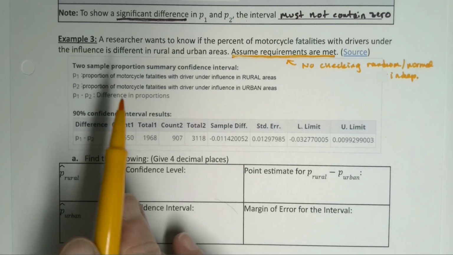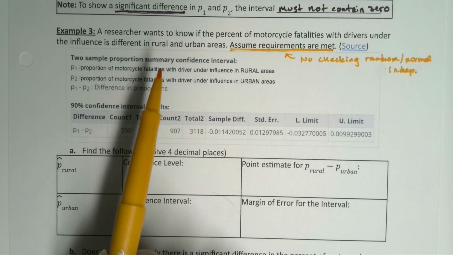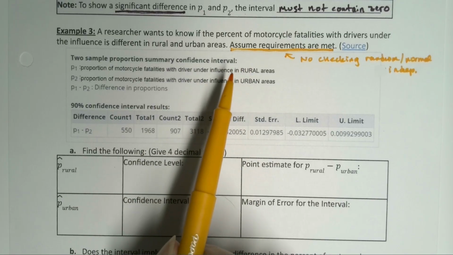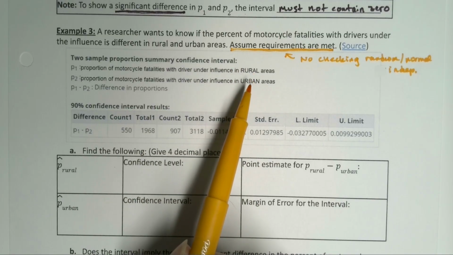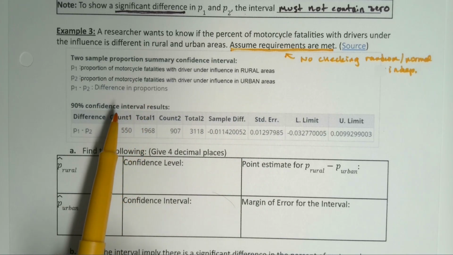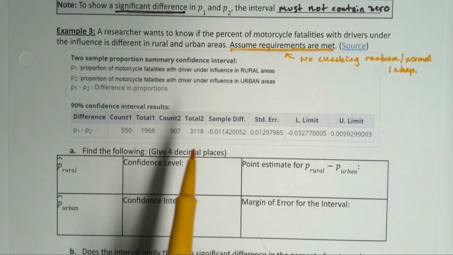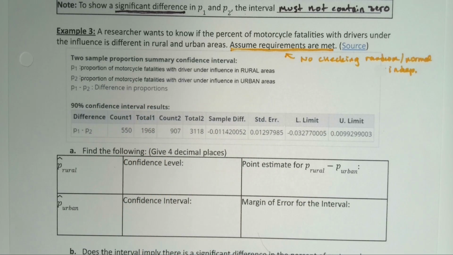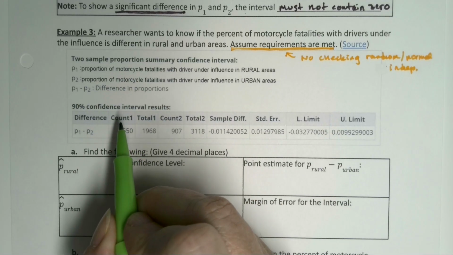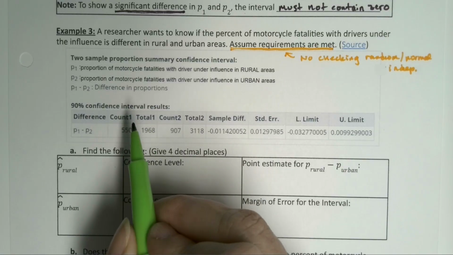All right, so we want to know if the proportion for rural. Okay, so rural is group 1 and urban is group 2. And you can see right here we have the counts and the totals. And this drives me crazy about this particular program, that it doesn't actually line up very well. It kind of drives me nuts. So they say it's the number of successes when you go to type it in, but when they put it in here, they call it count.